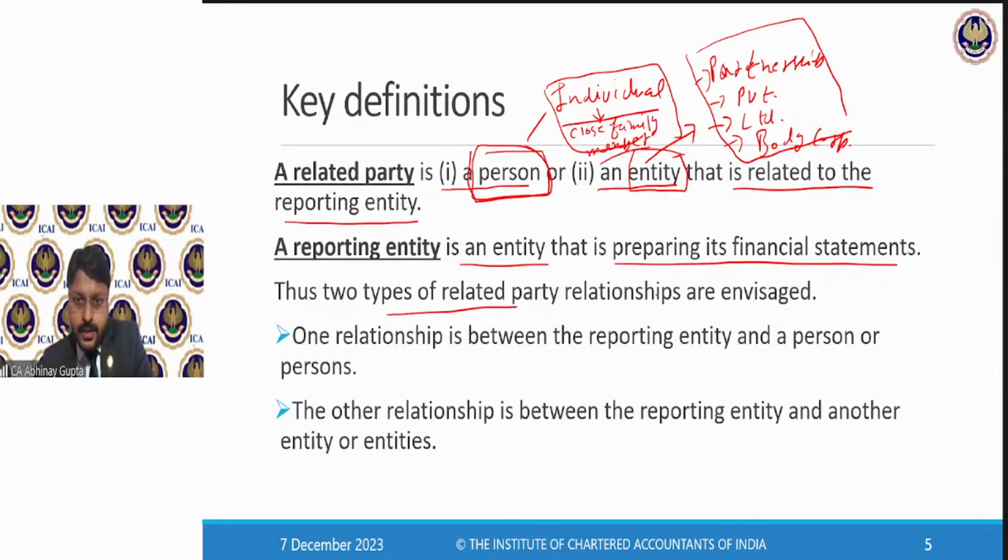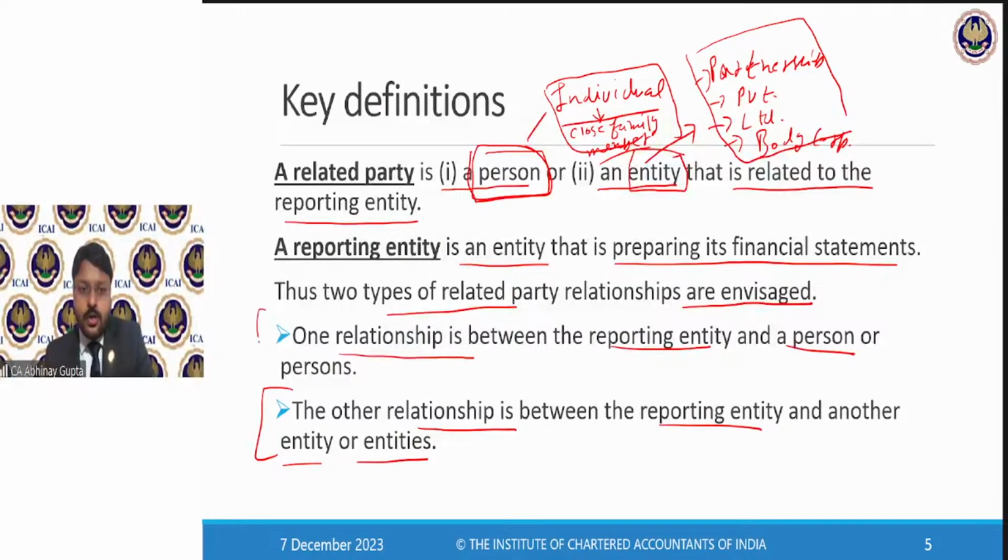Two types of related party relationships are possible here. One is between the reporting entity and a person, and the other is between the reporting entity and another entity or entities, right? So body corporate as well as individual persons are both covered within the definition of related party, right?